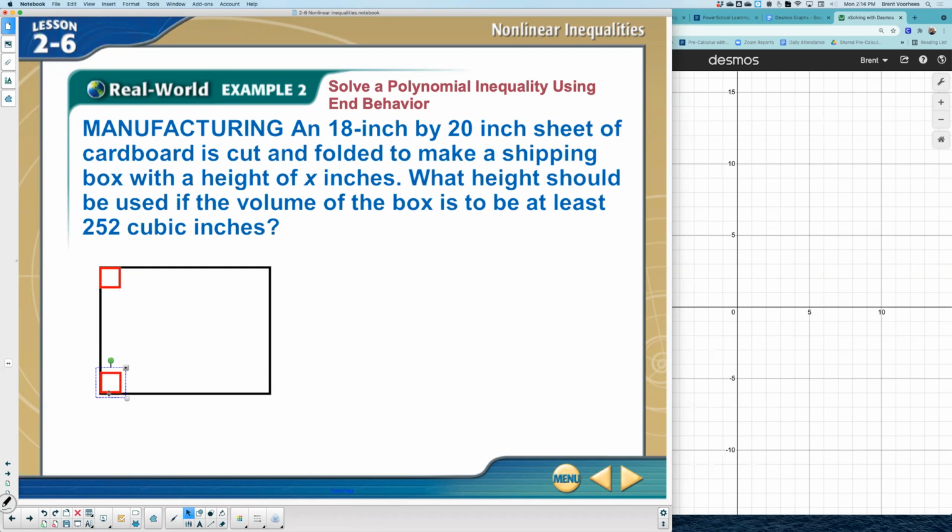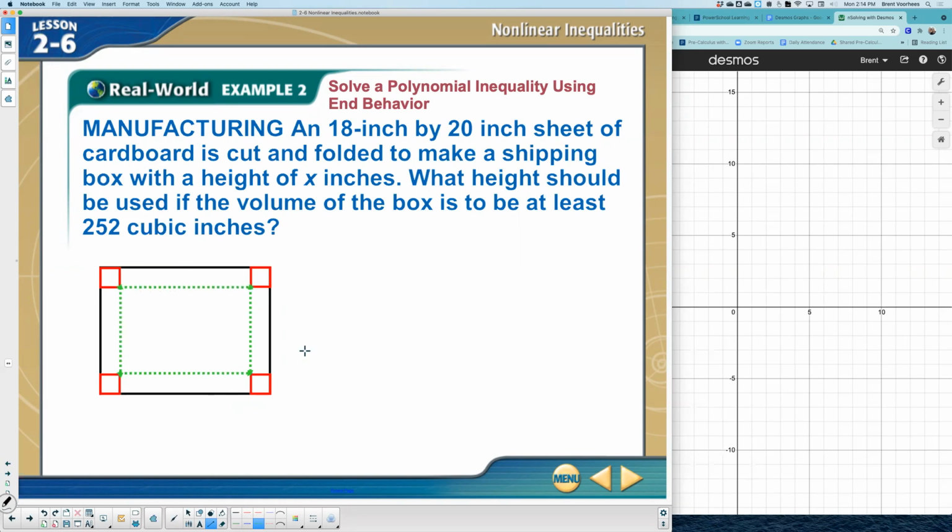So I cut out that corner, I cut out this corner, this corner, and finally I cut this corner. You fold along the sides to get our shape. So I fold here, here, here, and finally there.